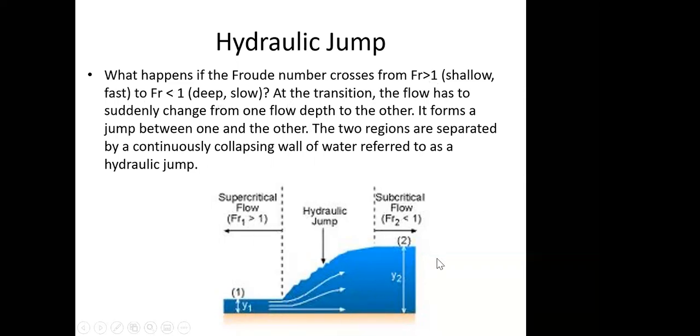We're going to have this jump over here, and it is actually something we try to avoid, because then you have unpredictability of the water. So at this transition, the flow has to suddenly change from one flow depth to the other. It forms a jump between one and the other, and then we can try to predict this or to calculate the ratio during the hydraulic change.